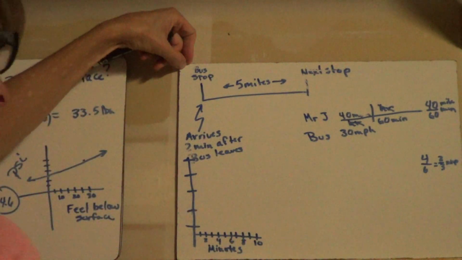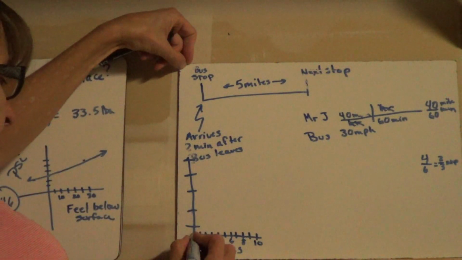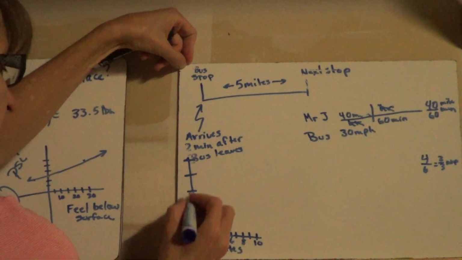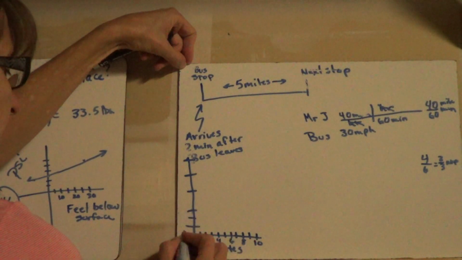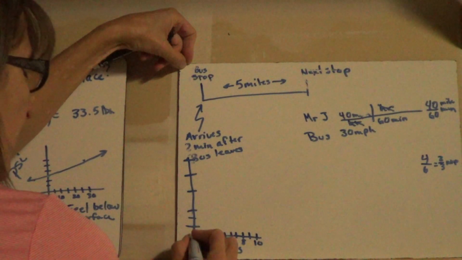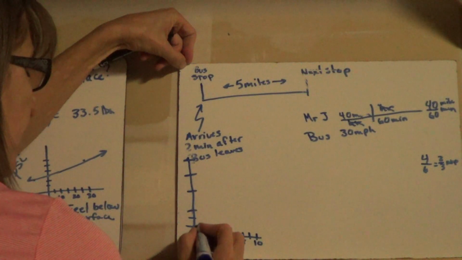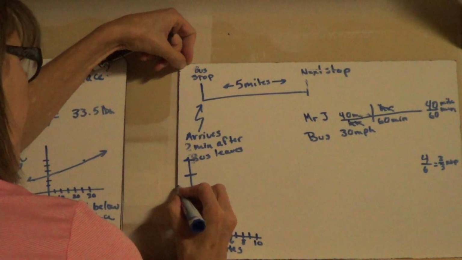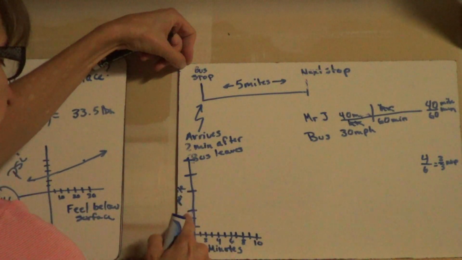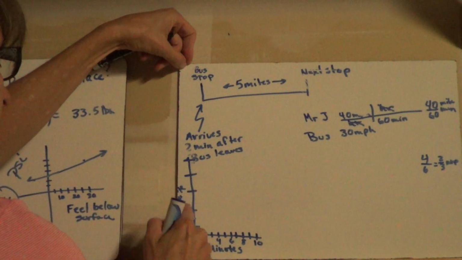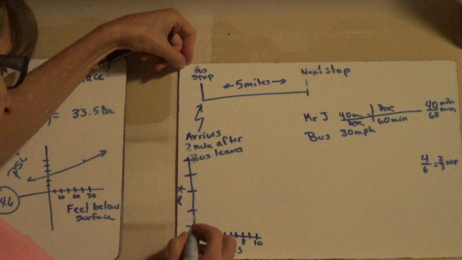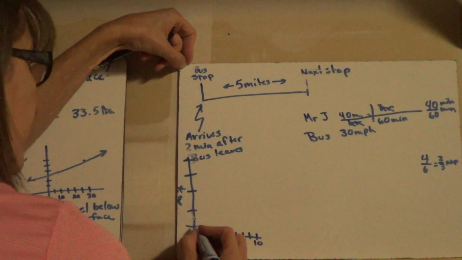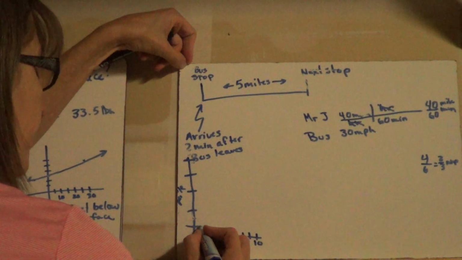Okay? So if he starts at 0, these are the minutes, these are the miles. He would go in 1 minute, 2/3 of a mile. Let me see here, we only need 5 miles actually, so 1, 2, 3, 4, 5, that'll work. So he goes 2/3 of a mile in 1 minute.